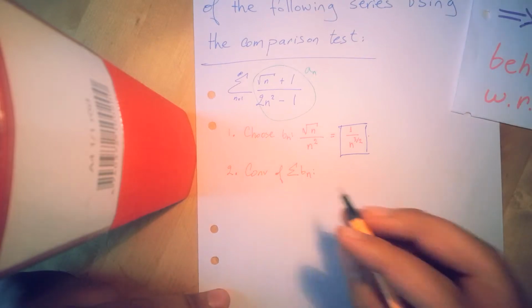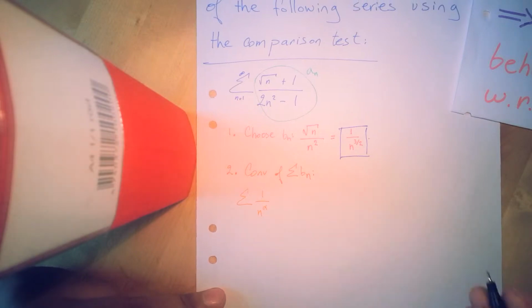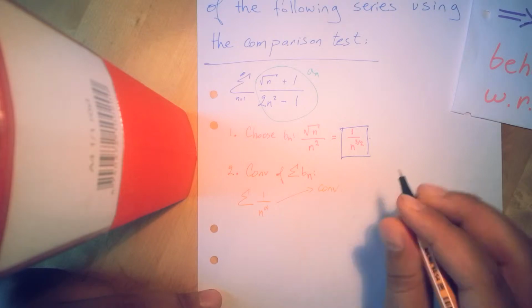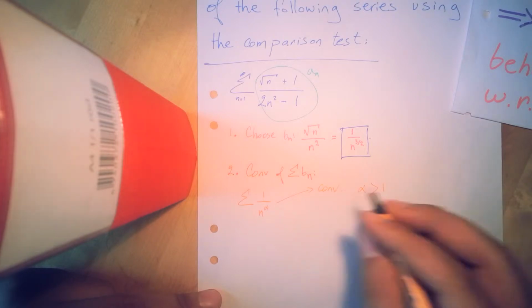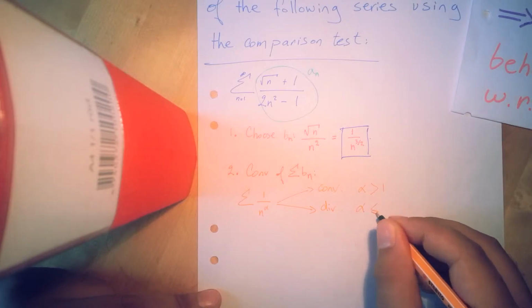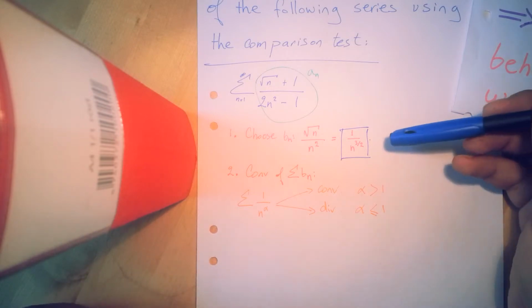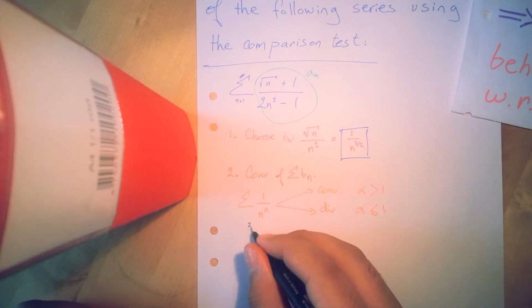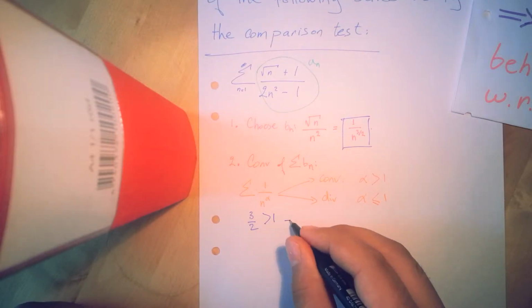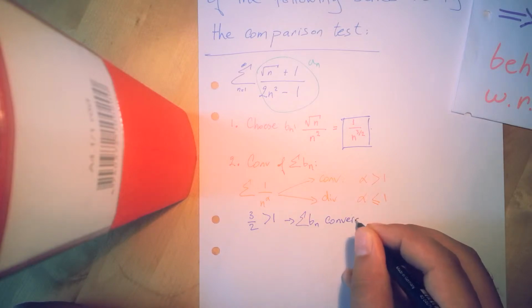And then we have this rule that says that if you have a series of 1 over n to the power of alpha, then this series is going to converge when alpha is larger than 1, and it will diverge if alpha is less than or equal to 1. In this case, as you can see, our bn has an alpha which is 3 over 2, and 3 over 2 is larger than 1, so we have that the series of bn converges.